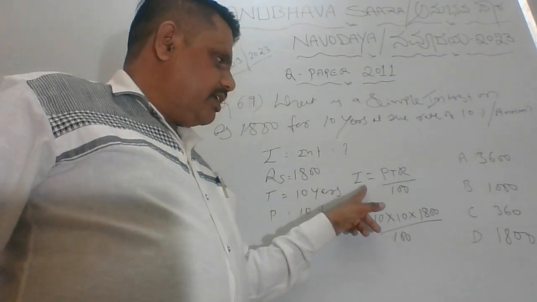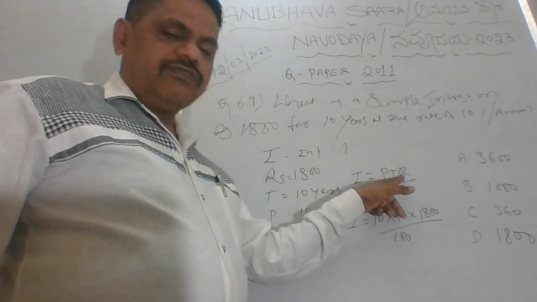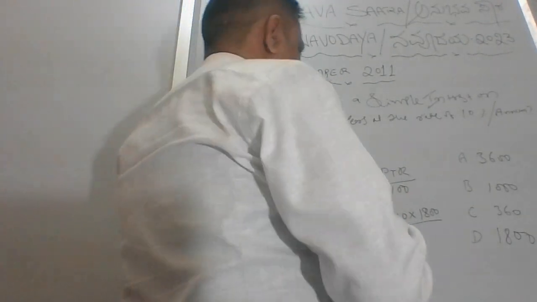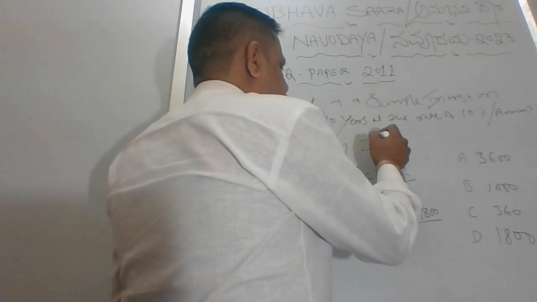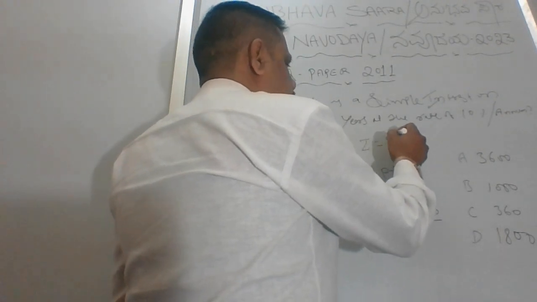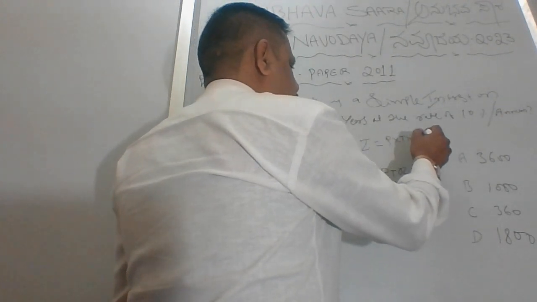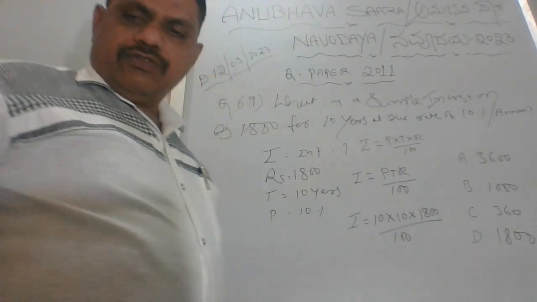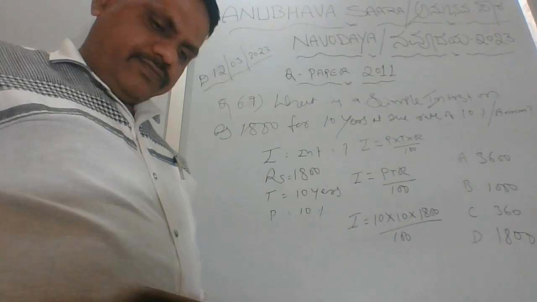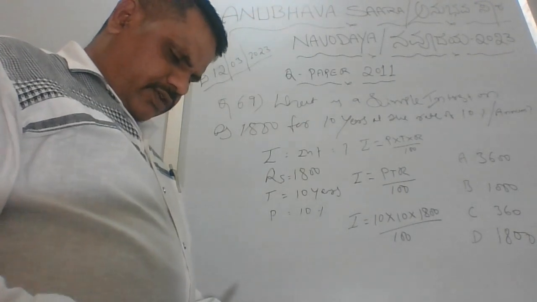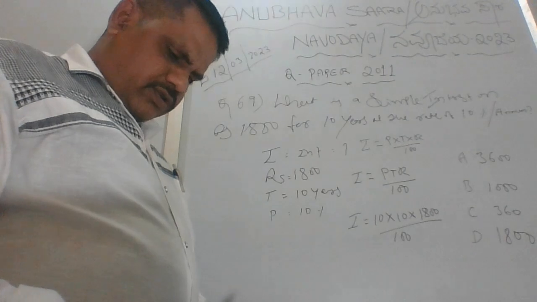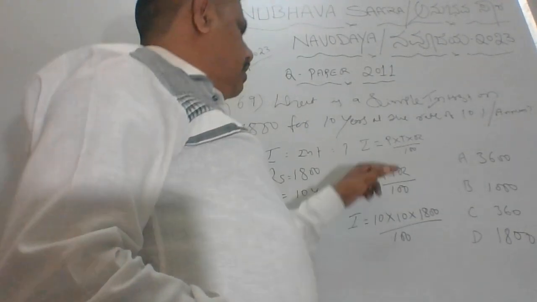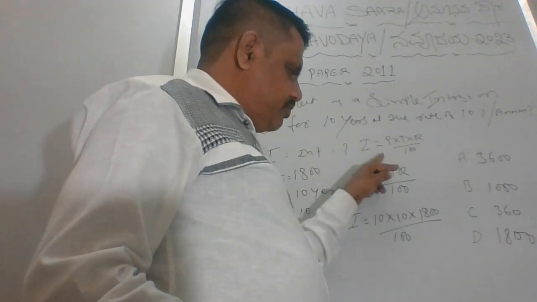So the formula is I is equal to PTR, that is P into T into R. You can also write it as I is equal to P into T into R divided by 100. This is also fine. However you want, you can note it down. So this and this both are the same.